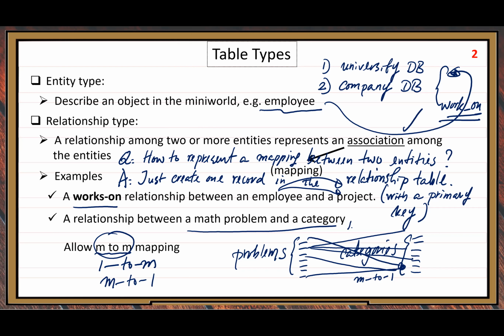That's a 1 to M relationship. We have both, so we have M to M. Quite natural. In the real world, we need this kind of relationship mapping in our business.